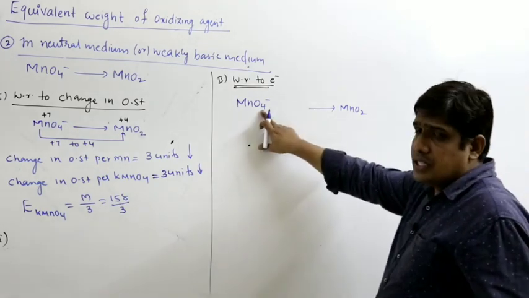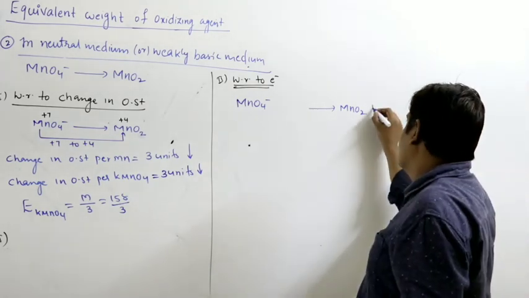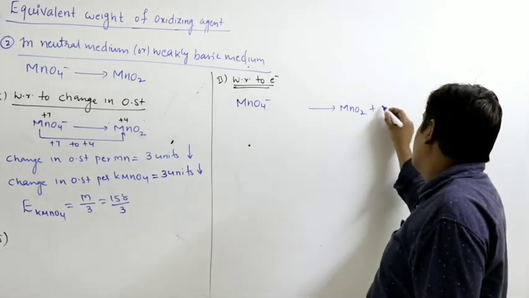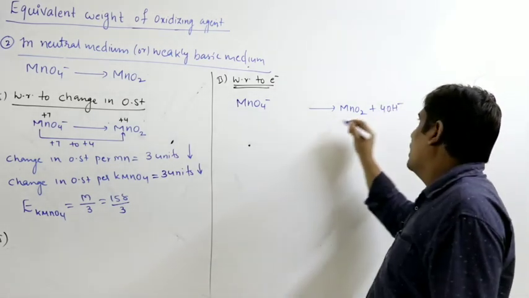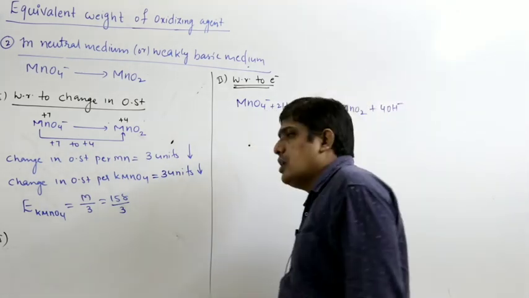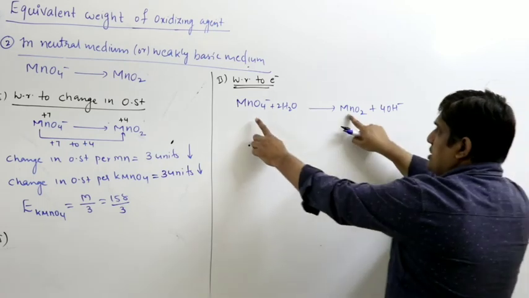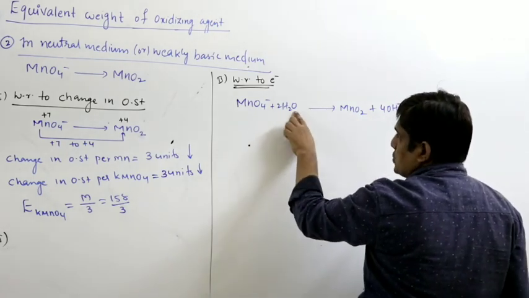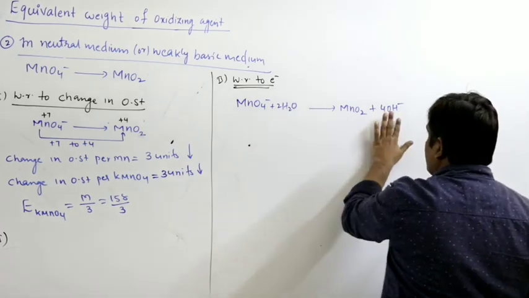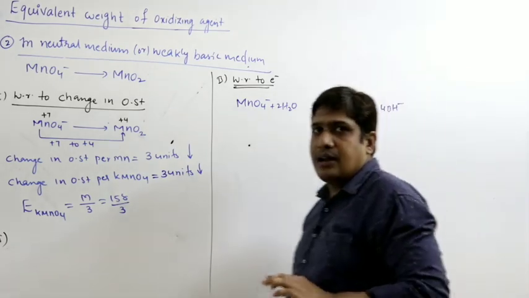So 4 oxygens on the left, 2 oxygens on the right, so basic medium, therefore adding 4 OH minus, and on the opposite side we have to add 2 H2O. Let us count: 1 manganese, 4 oxygens plus 2, 6; 4 oxygens plus 2, 6; 4 hydrogens, 4 hydrogens. So all atoms are balanced.